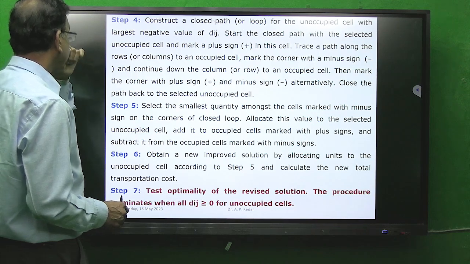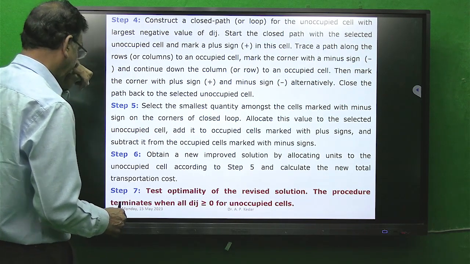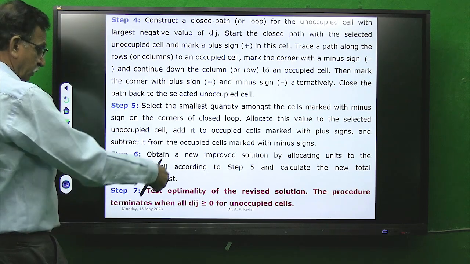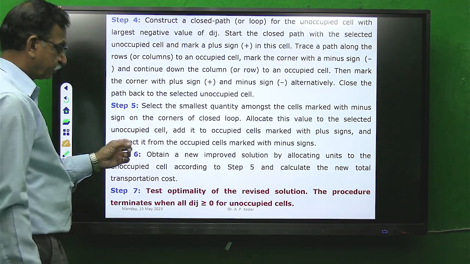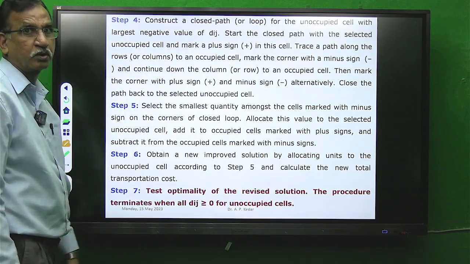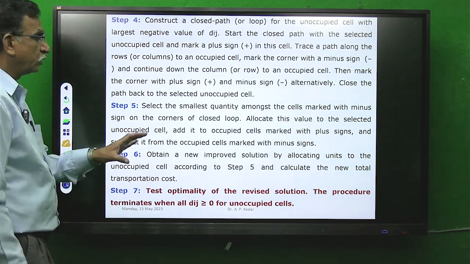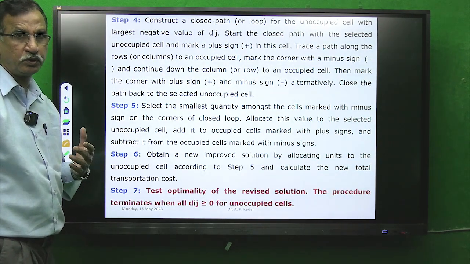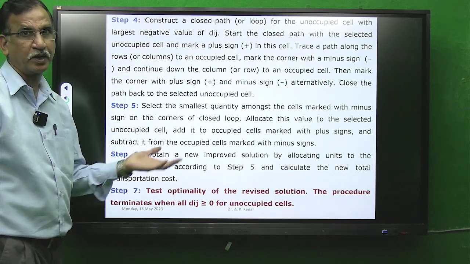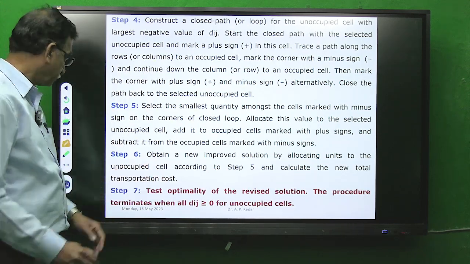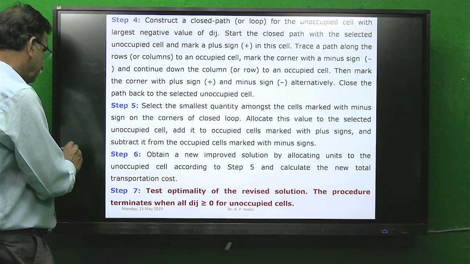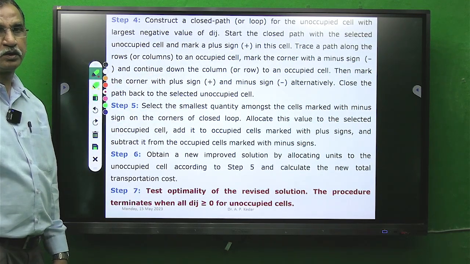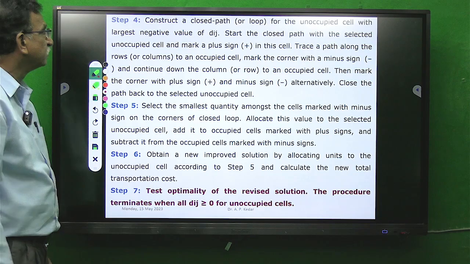Now, in step 4, suppose you are not getting the optimal solution. Again, have these steps written in your notebook, because when you solve a problem, you need to read these steps and apply them. So it is essential that you have these steps written in your notebook.